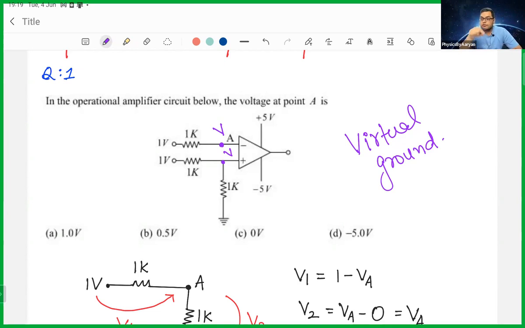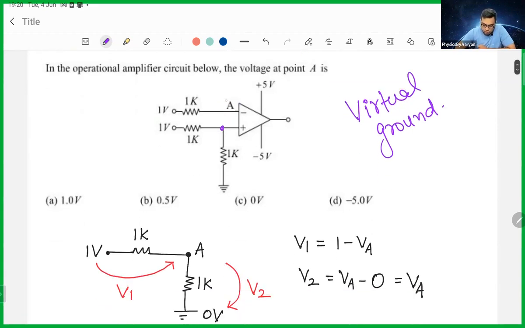No current can flow into the OPAMP, it means no input current can be there. If there is no current, the voltage difference is 0, which basically means that both the inputs are at the same voltage. So if I can find the voltage at this point, I can find the voltage at point A.